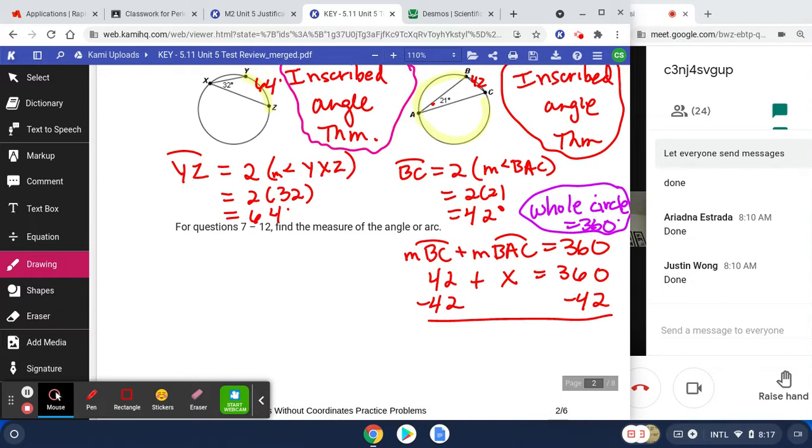And then grab those calculators and subtract that for us. And you don't have to make this an X. You can keep this as the measure of BAC, and then the measure of major arc BAC. Okay, somebody subtract that for us. What is 360 minus 42?